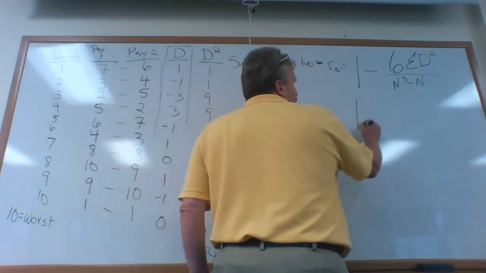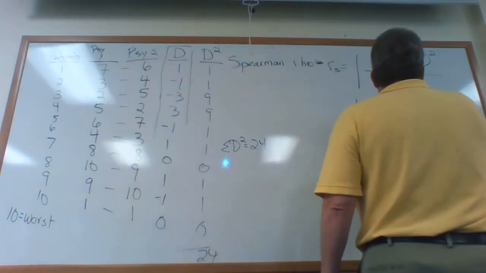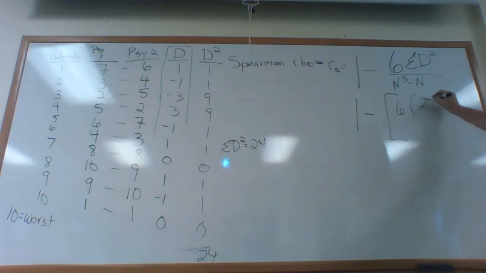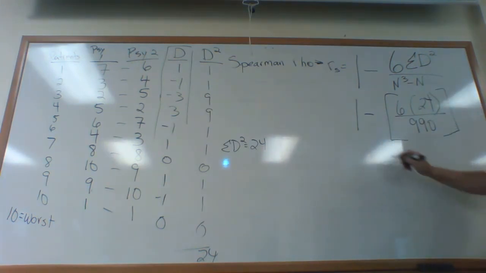So then the problem would be 1 minus 6 times 24 all over 10 cubed minus 10. So that's 10 times 10 is 100 times 10 is 1,000 minus 10 is 990. So then we'd have 1 minus 6 times 24, which is 144.